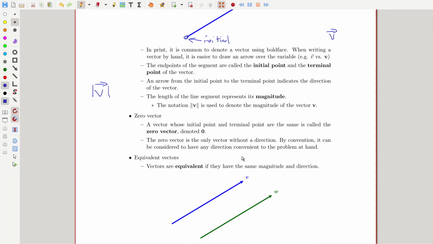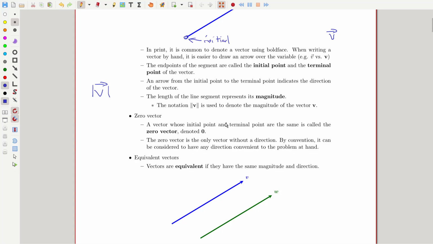Okay. So the zero vector. This is a thing that can arise, and it's a bit of a funny concept. We're defining a vector in terms of an initial point and a terminal point, and the vector itself is the thing that connects you from the initial point to the terminal point. So one question you might ask is, what if the two points are the same? If that's the case, you get this funny thing called the zero vector.